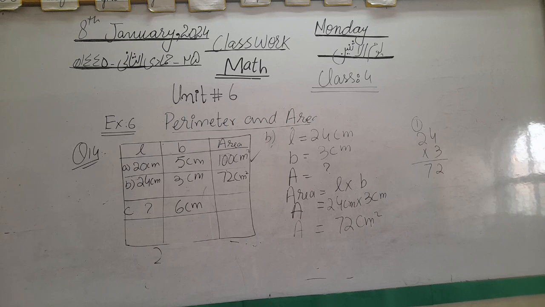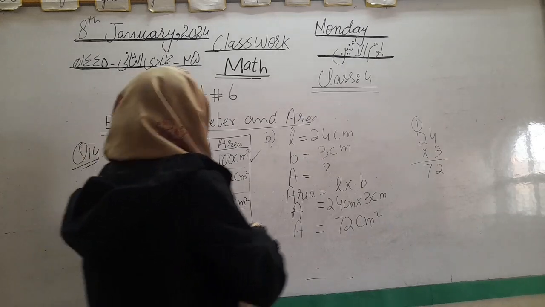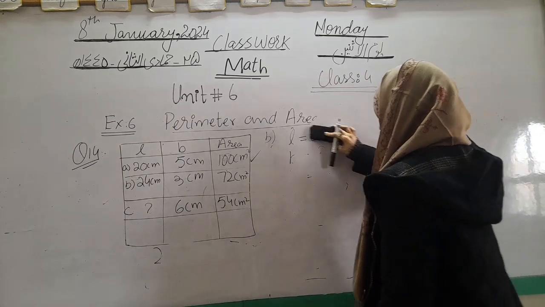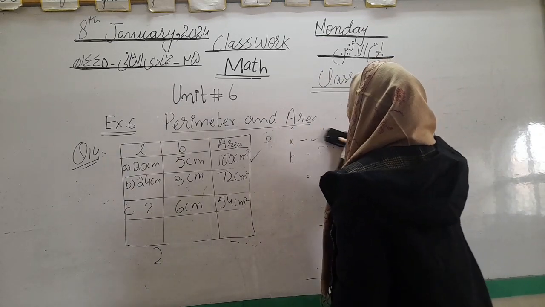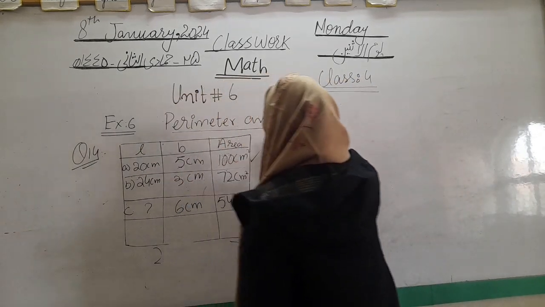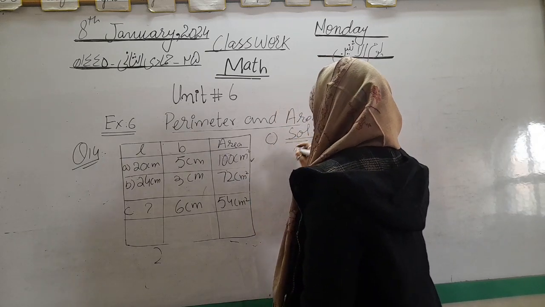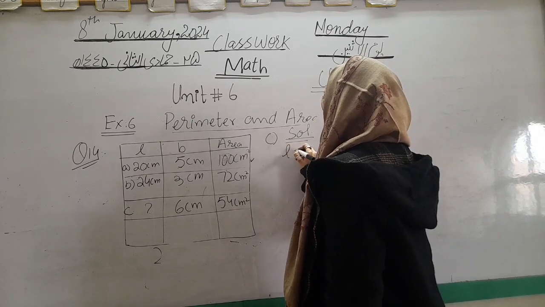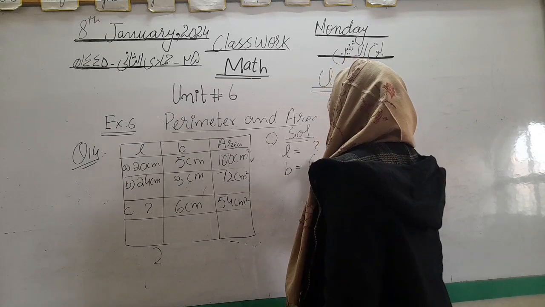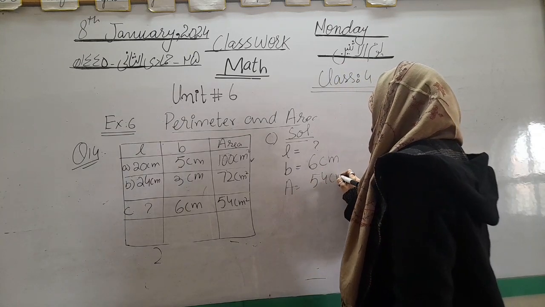Area is 54 centimeter squared. Similarly, in C part, the length you have to find, the breadth is 6 centimeter, and the area is 54 centimeter squared.